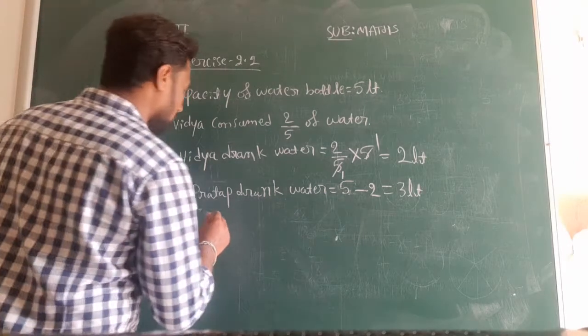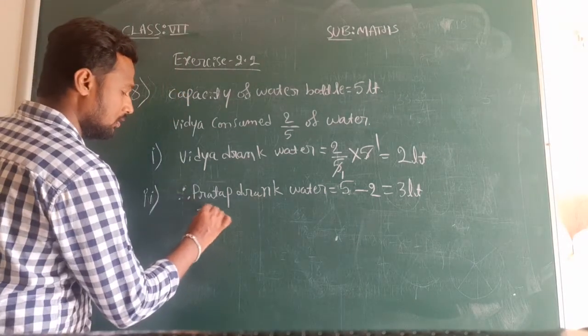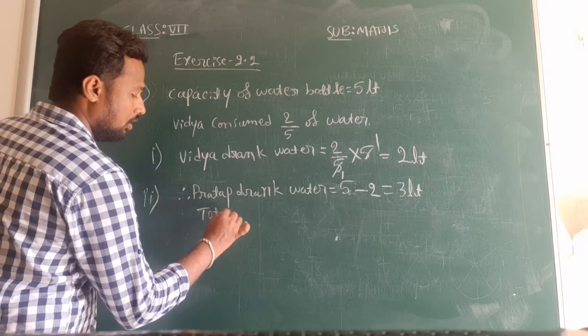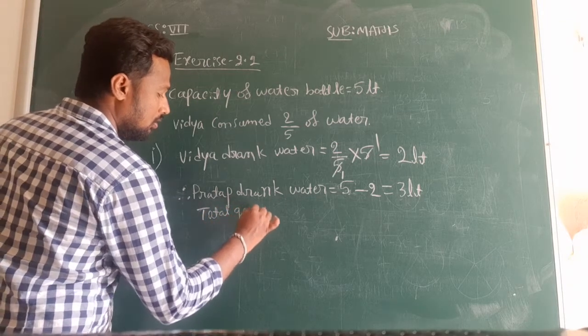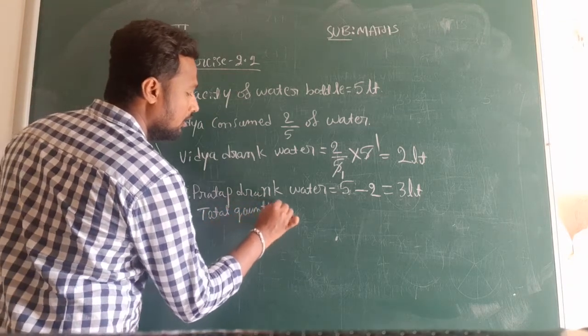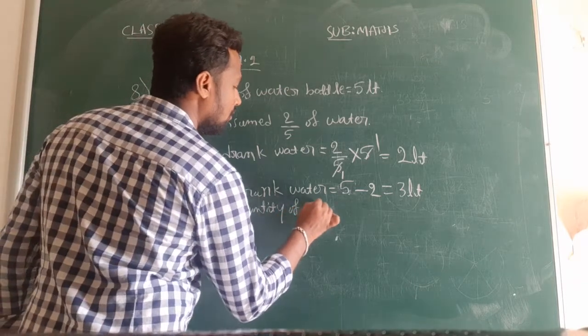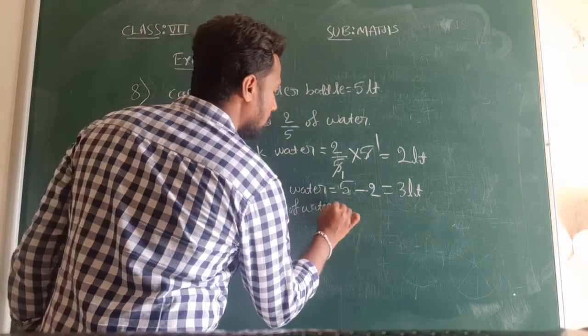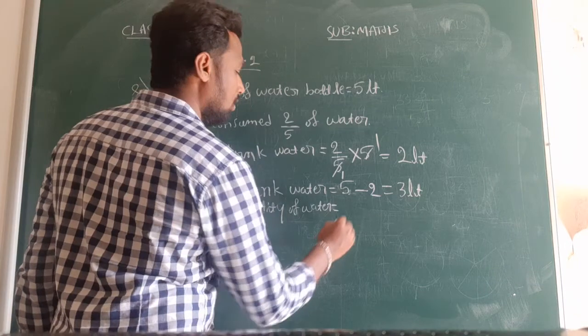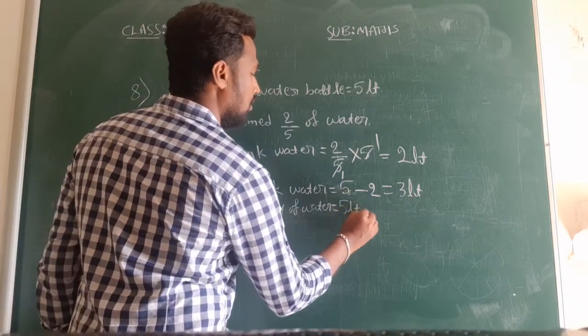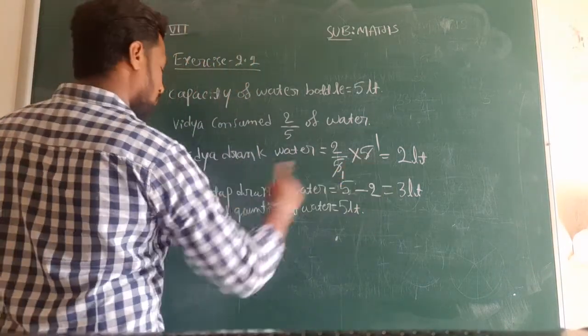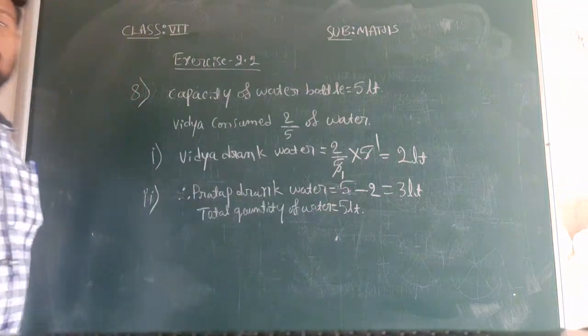So I will write total quantity of water. How much is it? The total quantity of water is 5 liters, and in that 5 liters Pratap drank 3 liters.